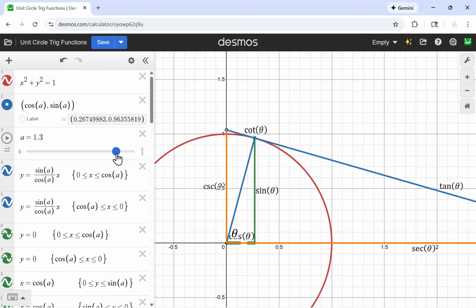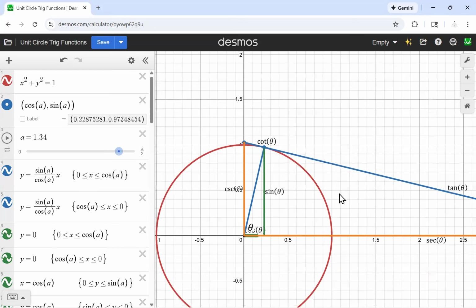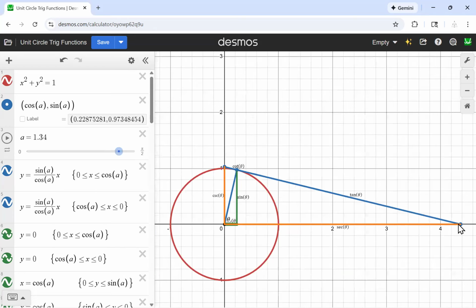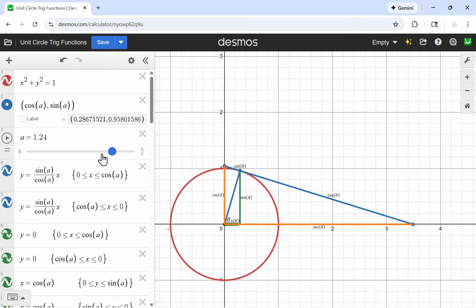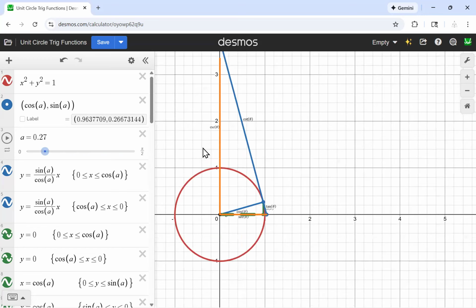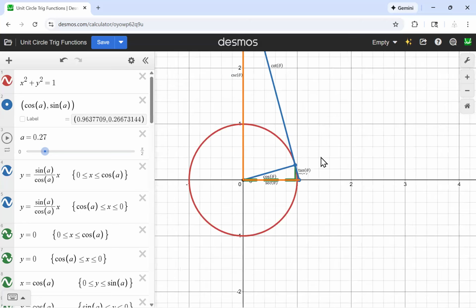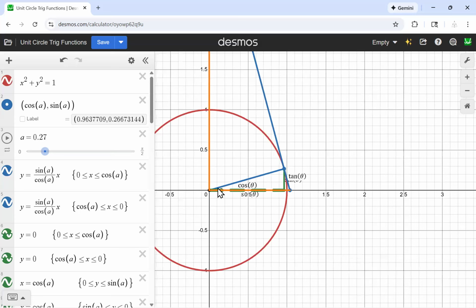You can see that as cosine gets really small, secant starts getting larger and larger, and tangent also is getting larger and larger when cosine is getting smaller. Similarly, when sine gets smaller, so the angle gets smaller, cosecant and cotangent are getting a lot larger. And in reverse, the tangent and the secant are getting smaller.